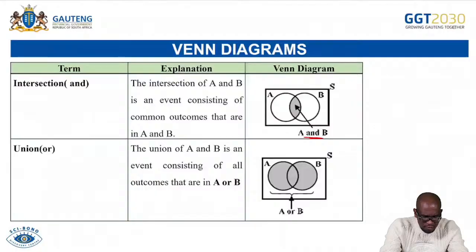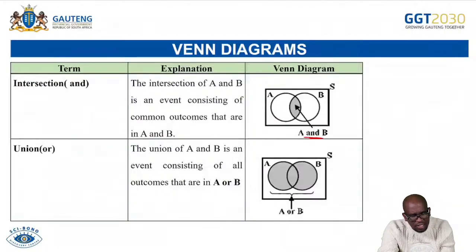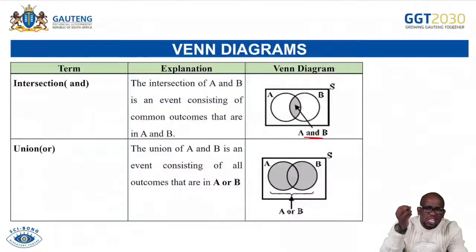In probability, if we say AND, we are talking about the intersection, only elements that are common to both sets, all right? So here, as an explanation, the intersection of event A and B is an event consisting of common outcomes that are in A and B. You can see that there's a shaded area there. The shaded area represents the intersection, all right?